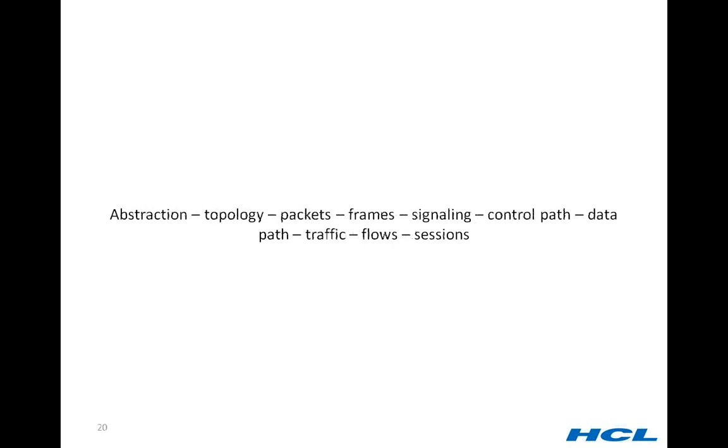There are a few more terms that come into this. Of course, when we talk about networks, it talks about abstraction. Because the very concept of 7 layers is abstraction, where each layer is confined to what it wants to do, so that the layer above does not need to worry about the lower level details. The OS must ensure that enough abstraction is possible by any of these protocols.